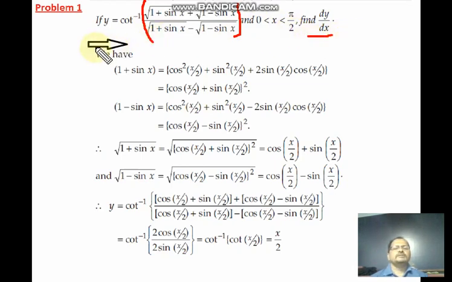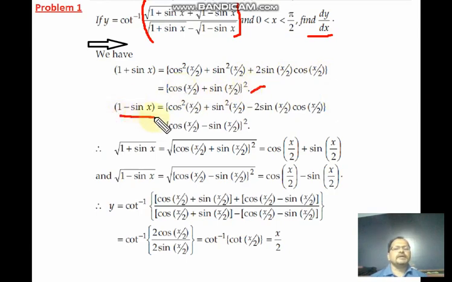The answer is, we have 1 plus sin x equal to cos square x by 2 plus sin square x by 2 plus 2 sin x by 2 cos x by 2, that is (cos x by 2 plus sin x by 2) whole square.